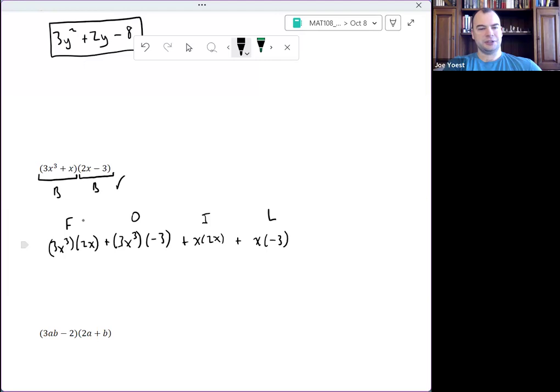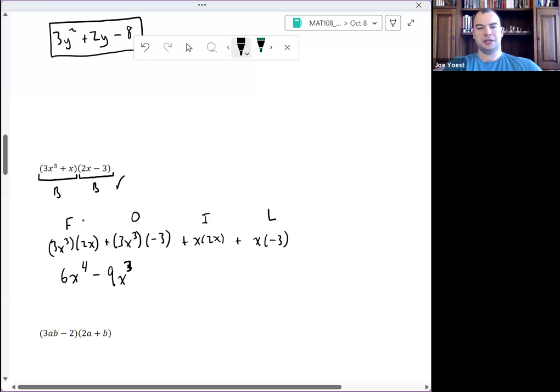So for my first, 3x cubed times 2x, 3 times 2 is 6. X cubed times x, well, that's x cubed times x to the first. That's just x to the fourth. For my outers, I have 3 times negative 3 is negative 9, or minus 9. Then I have a factor of x cubed, no other x's to combine with it. It just stays as an x cubed.